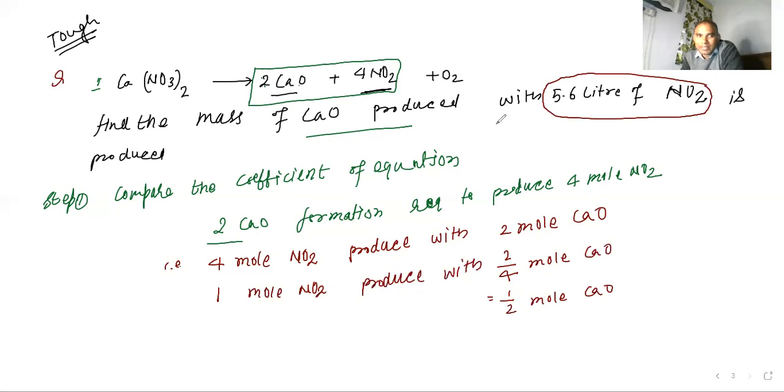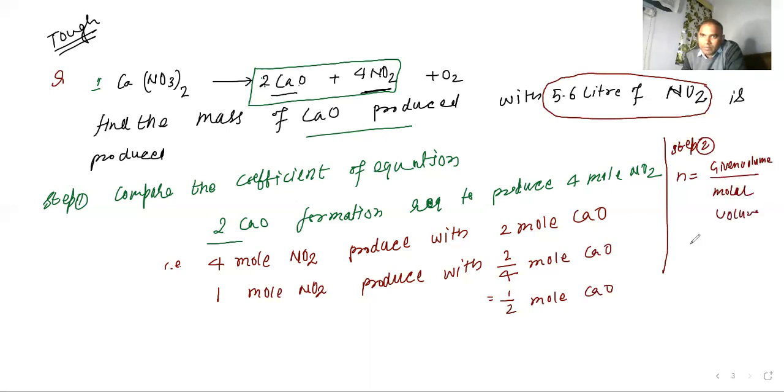Okay, 5.6 liter. So here is step number 2 that I am doing. N is equal to given volume upon molar volume, yes or no? Given volume is 5.6, molar volume is 22.4.